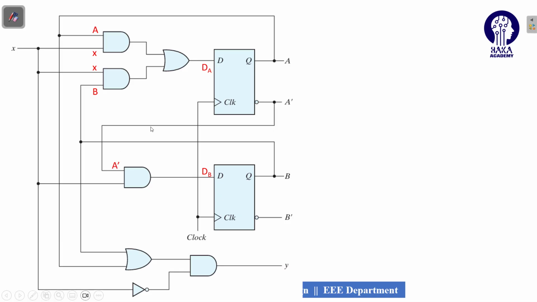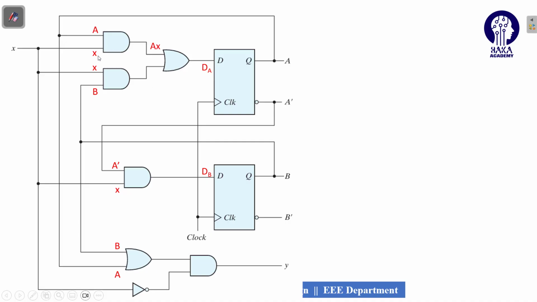Now A prime from here is connected here, and also again X is connected to this AND gate. Now the B, you can see, is connected here, and also if you look at this section, you can see that A is connected to this OR gate.